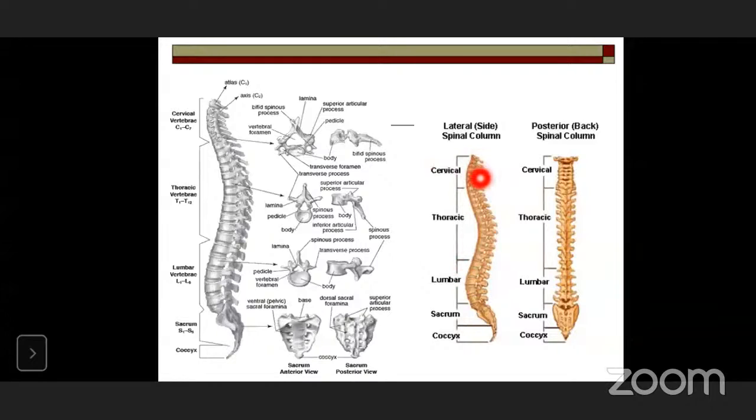Initially the whole vertebral column is anteriorly concave and posteriorly convex.